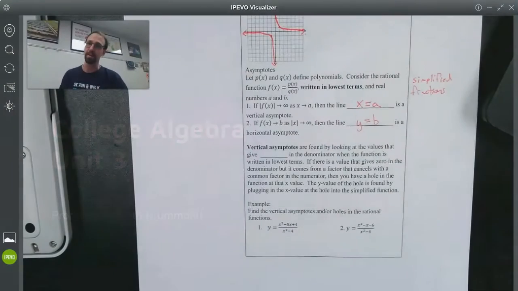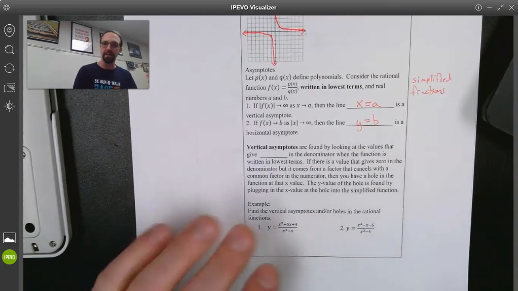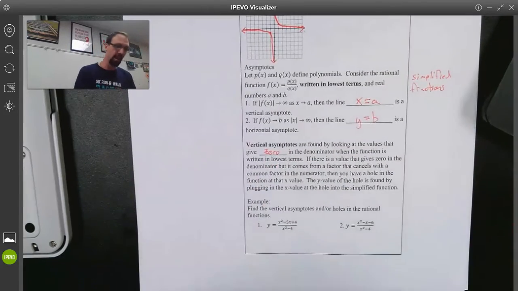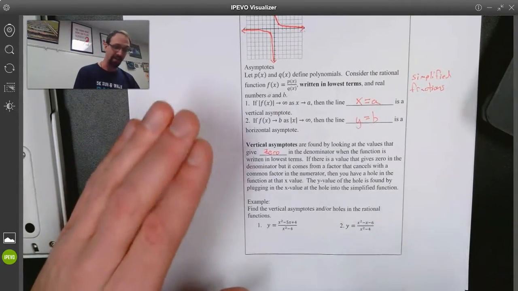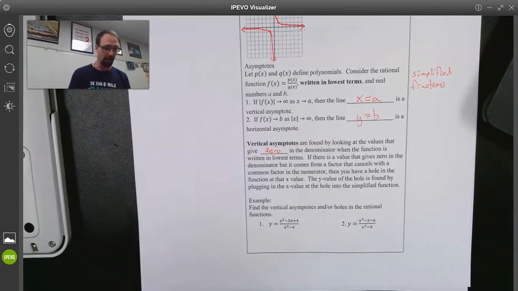We're going to be talking about vertical asymptotes. Vertical asymptotes are found by looking at values that give you a 0 in the denominator when you have a function written in lowest terms. We talked about this in the previous video, but really knowing that when it comes from either a factor that cancels, or if you just have it without canceling, then you can find out if it's a hole or if it's a vertical asymptote.